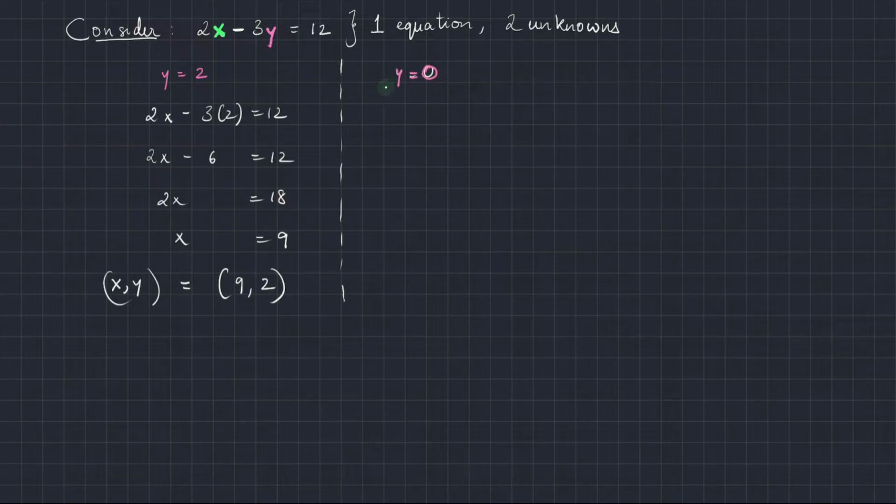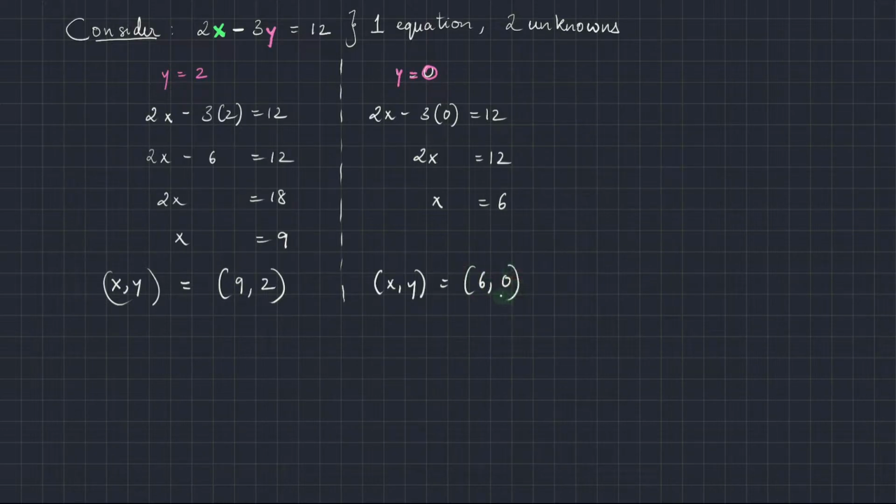Now what happens? We have 2x minus 3 times 0 equals 12, and 3 times 0 is just 0, and so we have 2x equals 12, and so x equals 6. And so we have another solution to this equation, which is x comma y equals 6 comma 0.